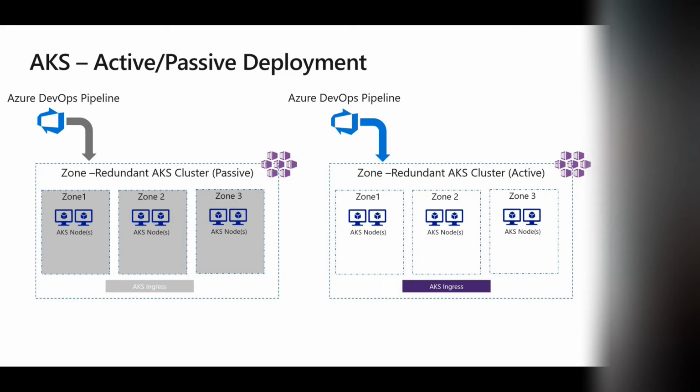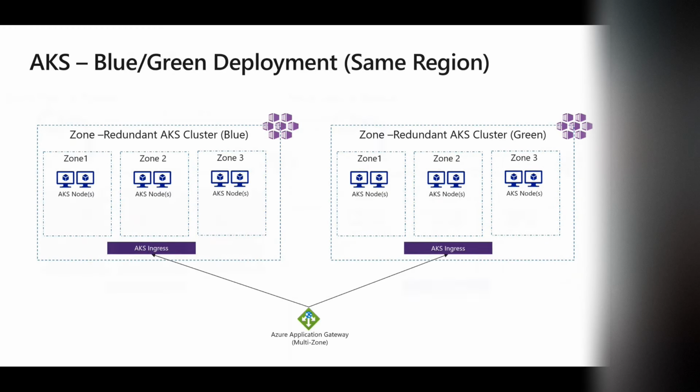Some teams use an abstraction, something like Traffic Manager or Front Door, to do this load balancing, but that depends on their particular solution. That's one of the solutions I have seen teams implementing.